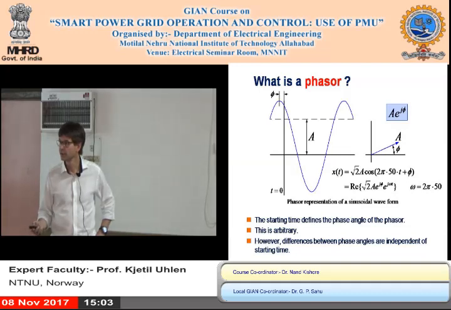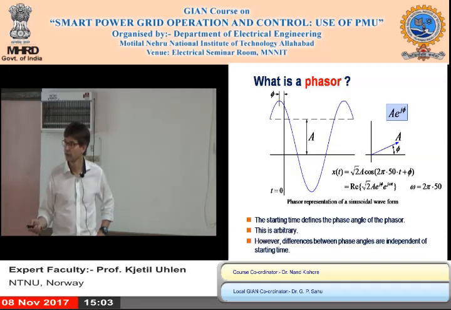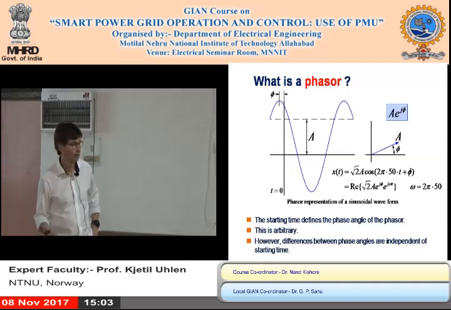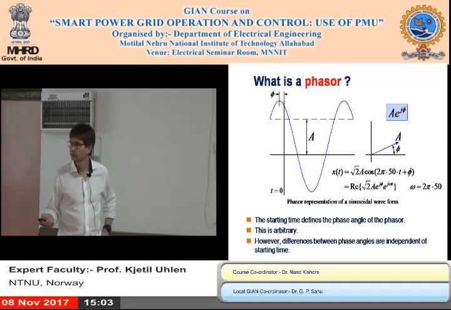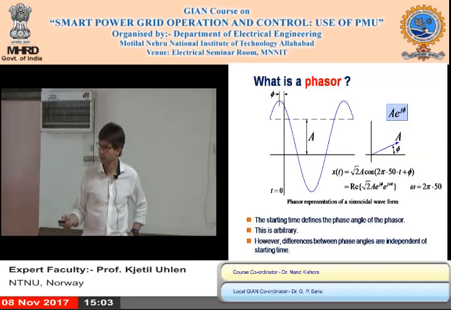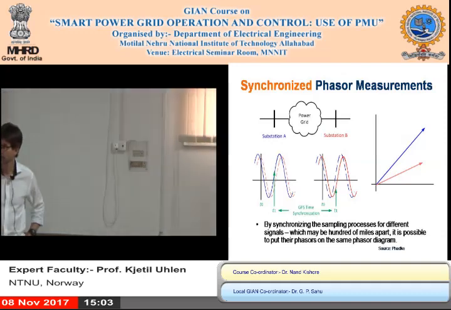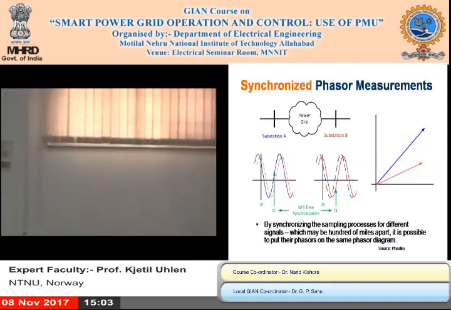But the interesting thing is that if you have two or more measurements, you are able to measure the phase angle difference between the phasors. And that is the strength of PMUs, of course. The measurements are synchronized so that you can measure the phase angle with good accuracy and place them in the same phasor diagram, even though they might be hundreds of kilometers apart.